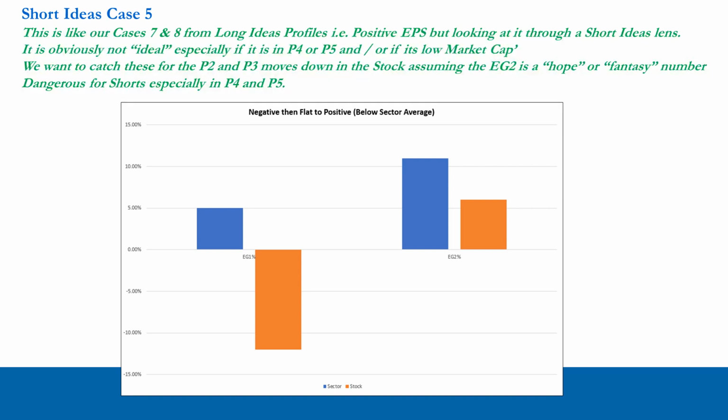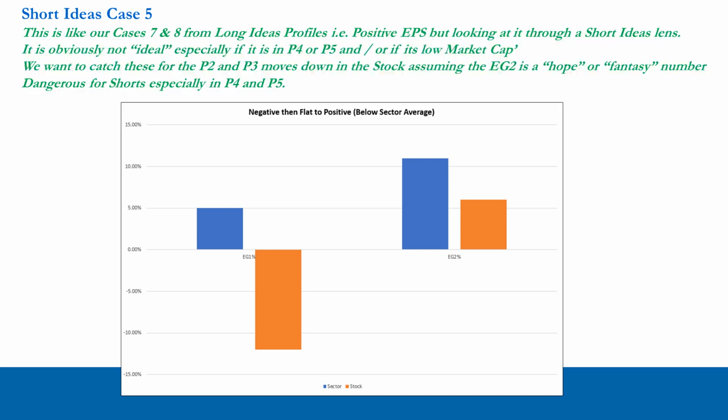What we want to be doing here from a short perspective is catching this type of earnings growth profile in the phase 2 and phase 3 moves that are down in the stock, assuming that the earnings growth 2 number is a hope or fantasy number set by the analysts.